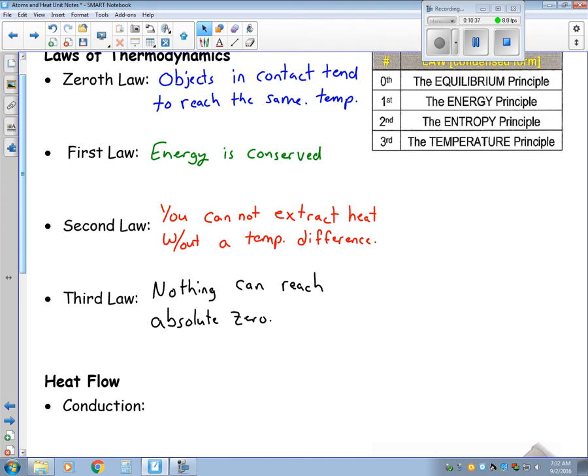That's basically saying that nothing can reach absolute zero. You cannot force every single atom to stop moving. So, there it is, the 4 laws of thermodynamics.